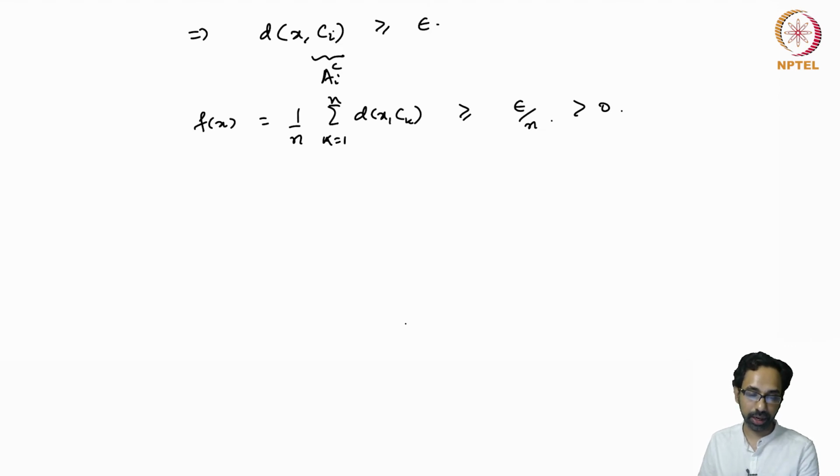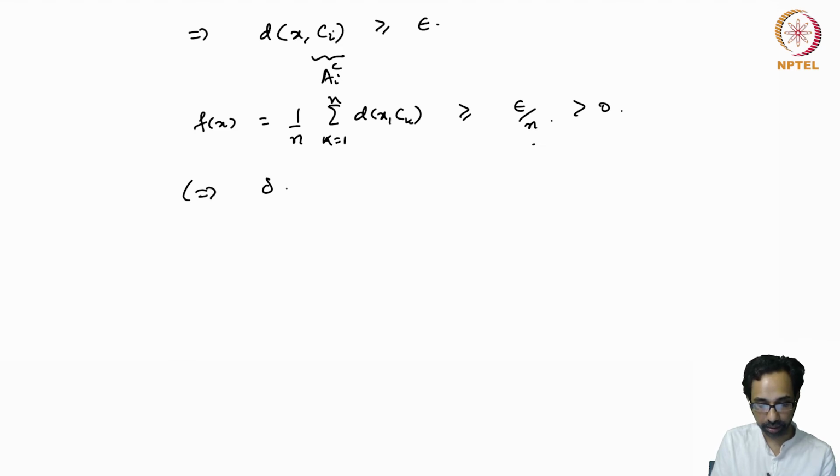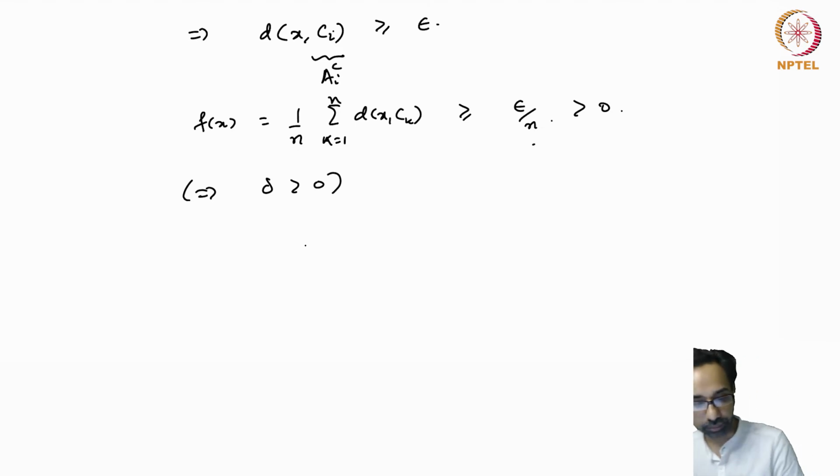So we have shown that we can always choose a strictly positive constant such that f of x is greater than or equal to that constant, and therefore f of x is strictly positive for all x. And this implies that the minimum value delta is greater than 0.